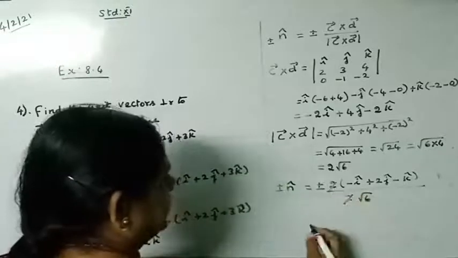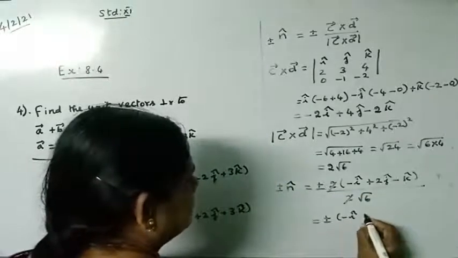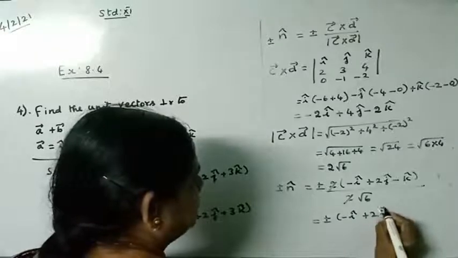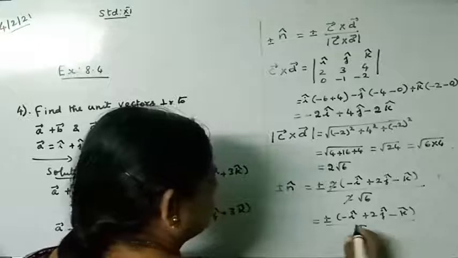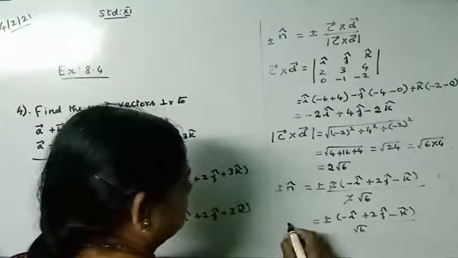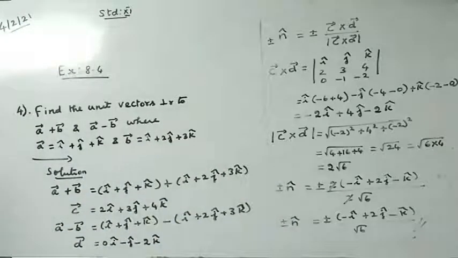Now 2 gets cancelled. So the answer is plus or minus i cap plus 2j cap minus k cap divided by root 6. Plus or minus n cap is equal to this. This is the answer.